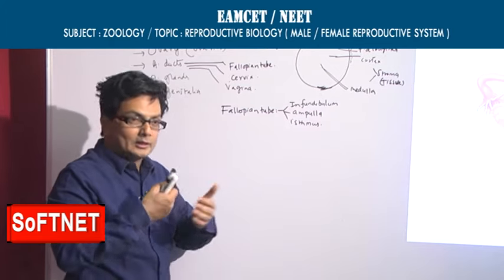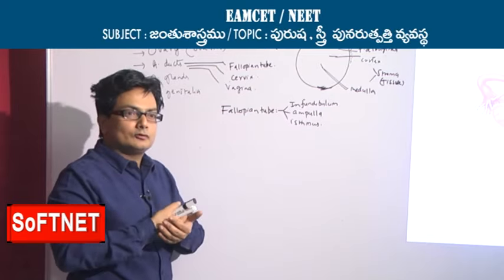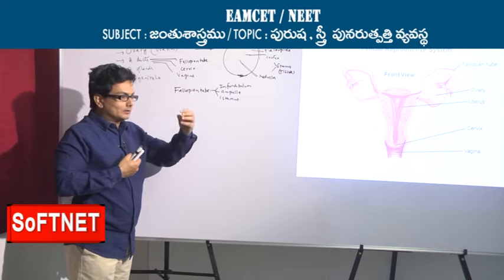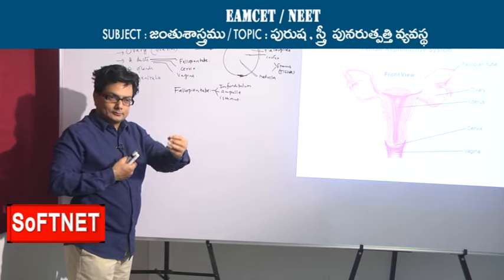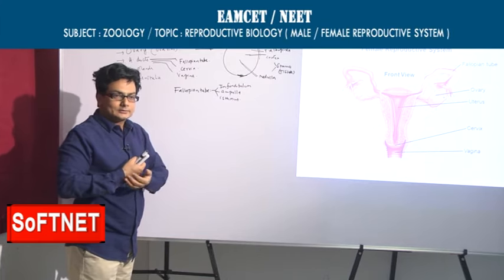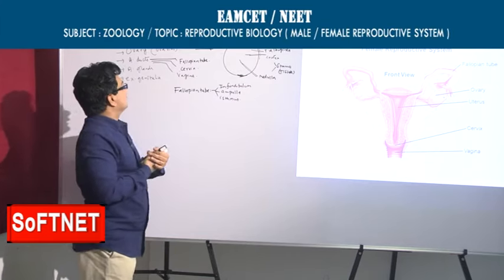If fertilization happens, the early stages of development will be within the fallopian tube, and that journey continues. The embryo's journey continues into the uterus, where implantation will occur.